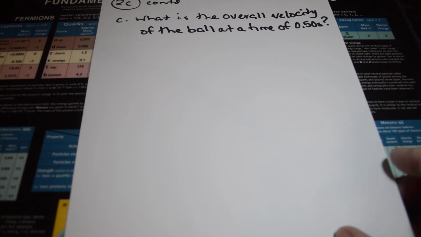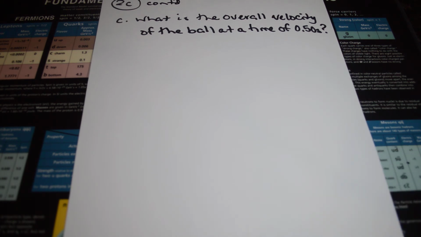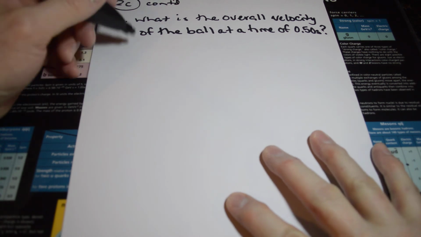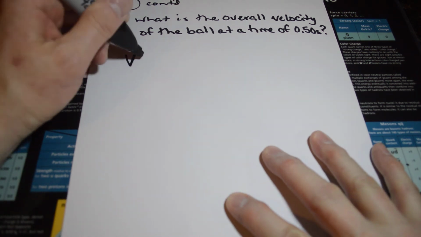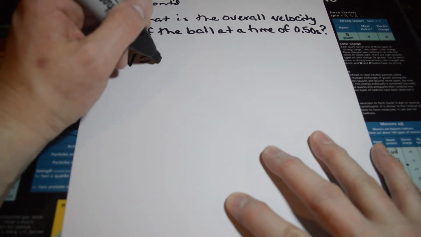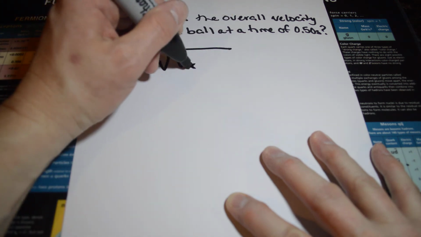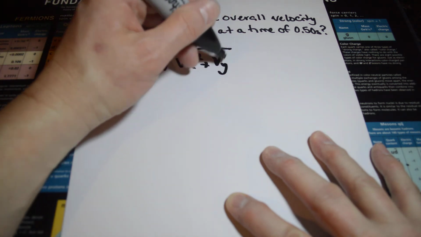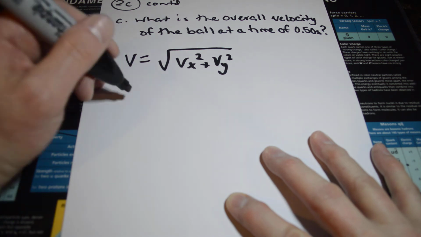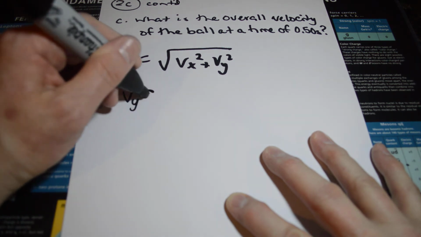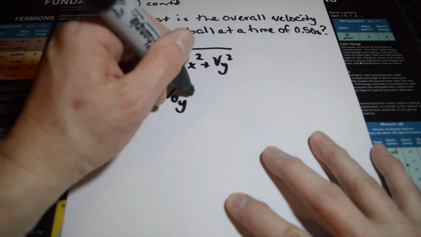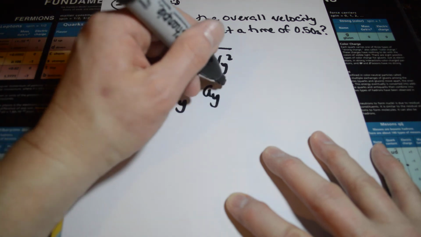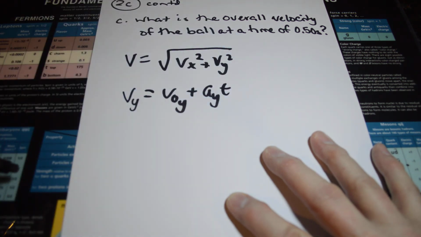The third part to that was to find out what the overall velocity at that time was. And maybe I'm just going to give you some results, but the overall velocity should be the x component squared plus the y component squared, take the square root. To find the y component, we're going to have to take the initial y component plus the acceleration multiplied by time.